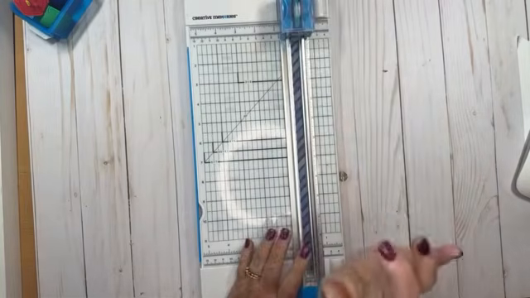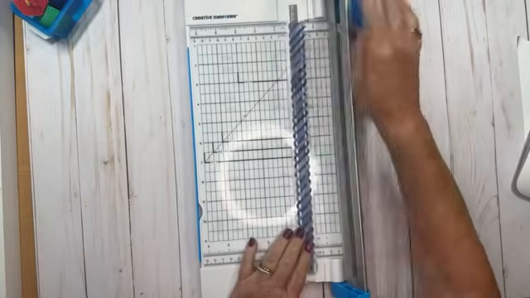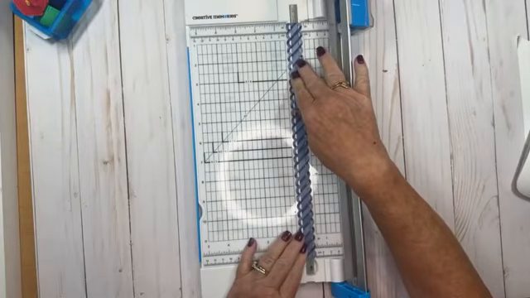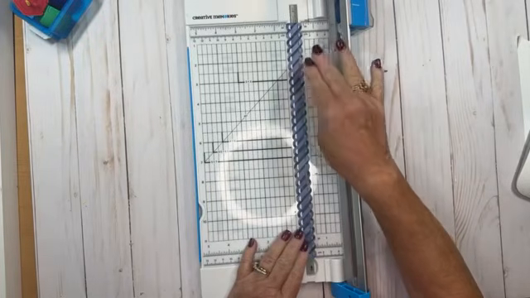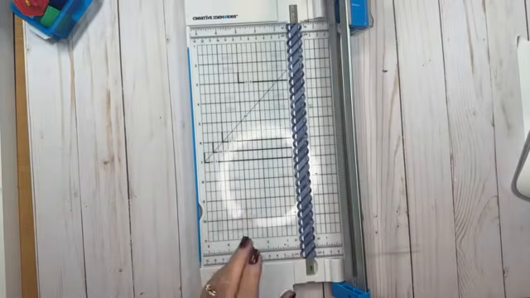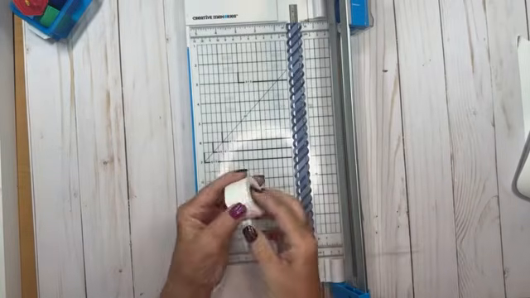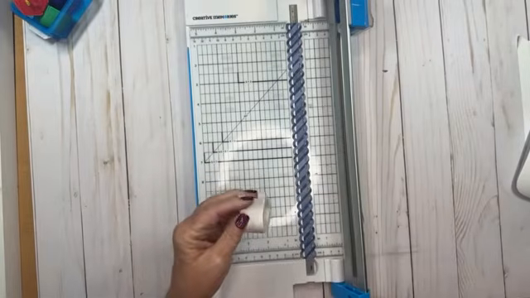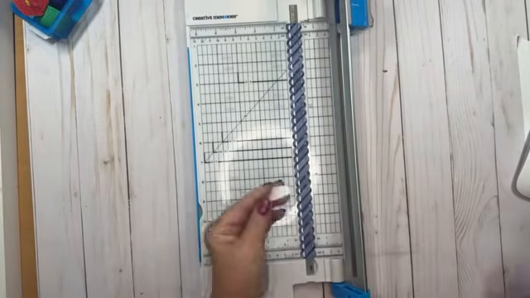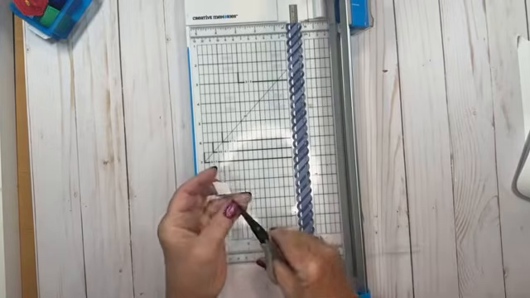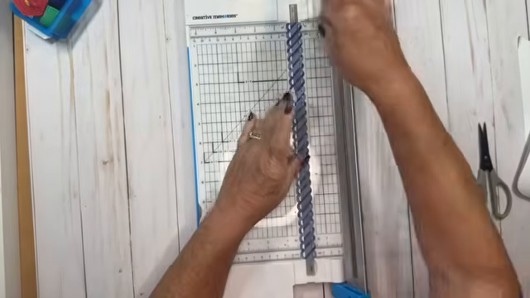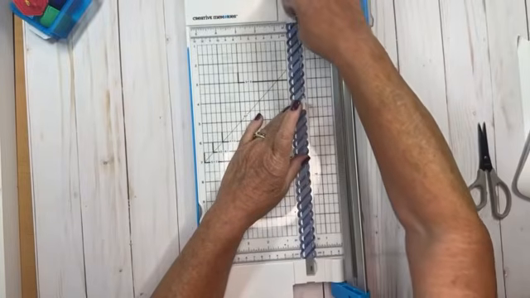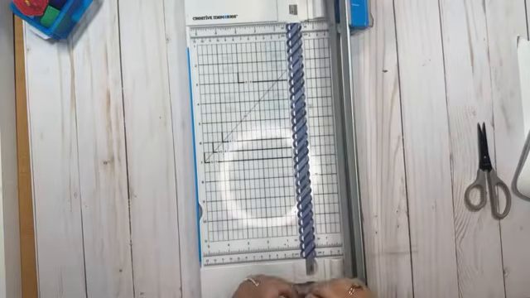So now, I'll tell you this too, if you need to hold this straight, if you're really worried that it's going to move while you're cutting it, you can take a little bit of stencil tape, and I've got the white stencil tape from Michael's. You can just hop on Michael's website or go into the store, and you need very little, and put it at the top so it holds it down, and put it at the bottom.